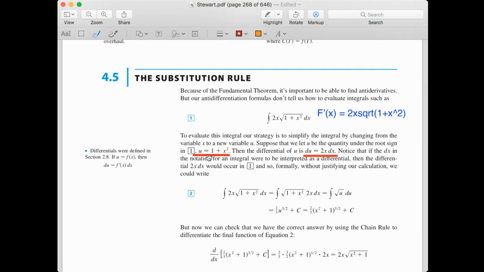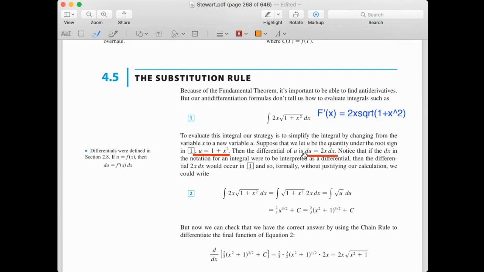So this means we want to substitute x in terms of u. At the same time, simultaneously, we have to substitute dx into du. Does that make sense? We can substitute one variable, but then simultaneously we have to find the differential of the variable.